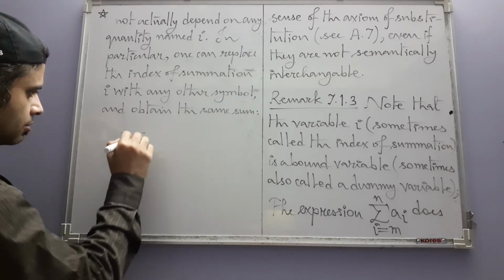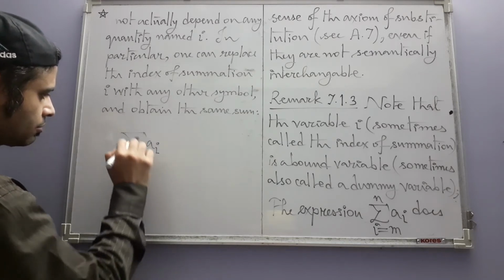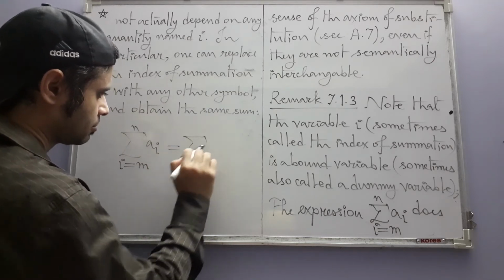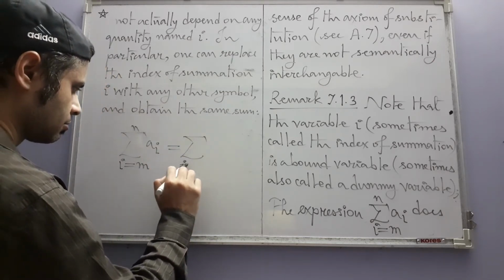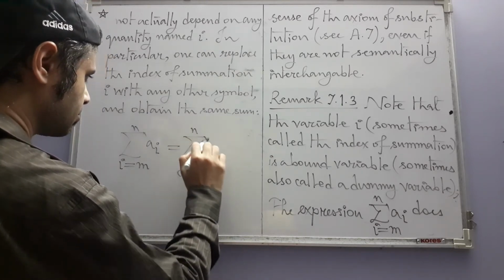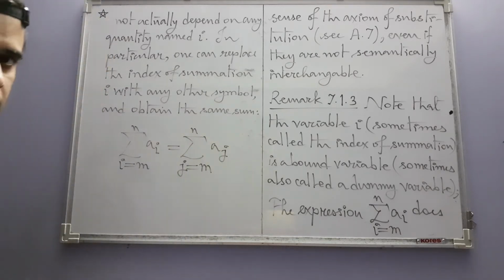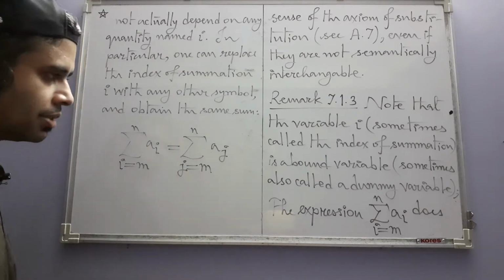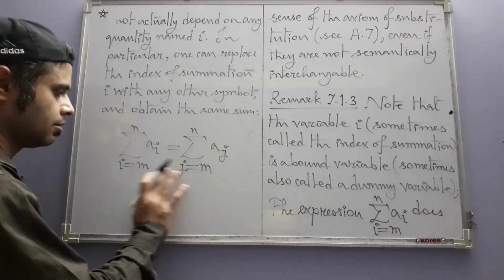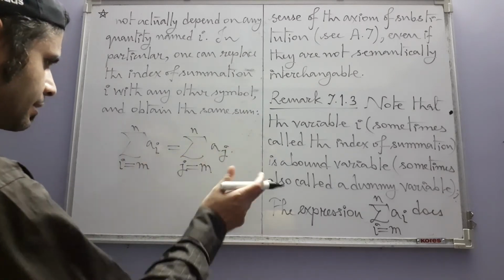That is, if in place of i you decide to use j, then the sum that will be assigned to these two things will be the same. I think semantically they will be different. I don't have a clear idea of semantics and all those things, but mathematically they are of course the same thing. These are things we already know.